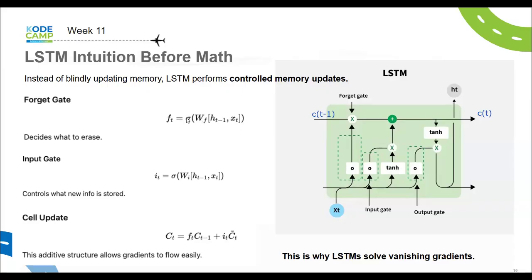Still the same sigmoid gating function. Then the input gate, again, previous historical state and current input, with a different set of weights, and the gating function.